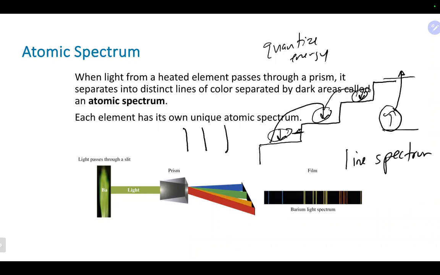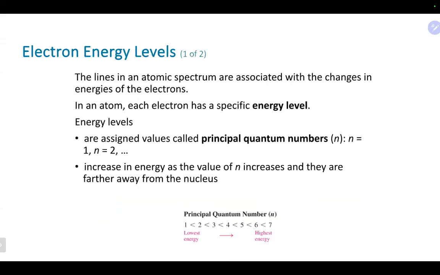And they're so distinct that every single element will give their own unique spectrum that you could actually look at and go, oh, I see a red line at this wavelength and a blue line at this wavelength and a green line over here at this wavelength. Oh, that's this element, because that's the only element that will have those lines at those specific wavelengths. So you could actually identify a particular element based on the lines that you actually see come up in those types of spectrum.